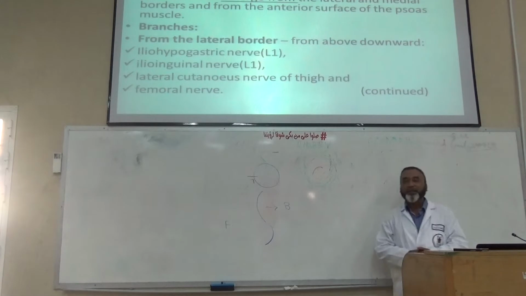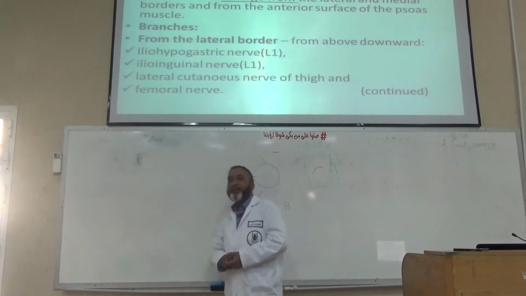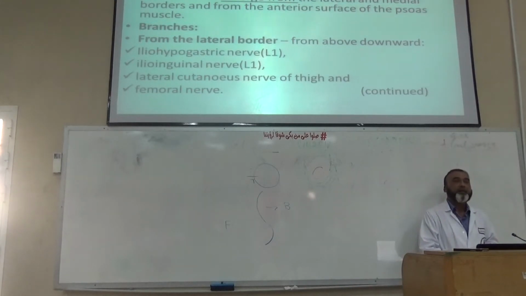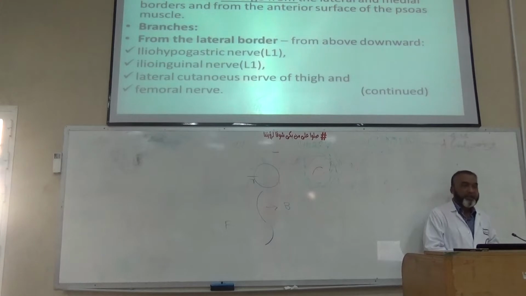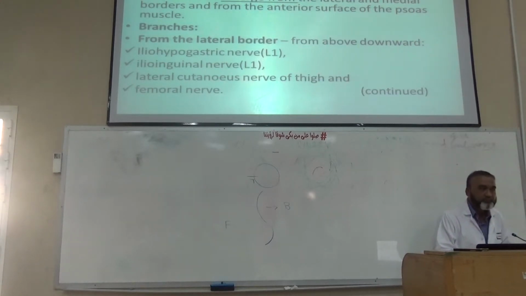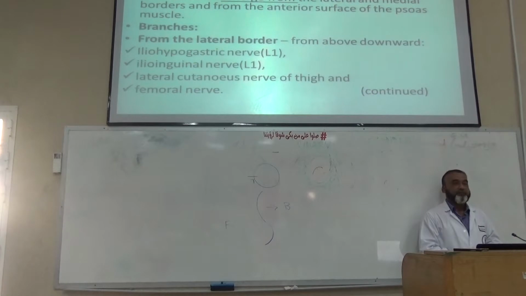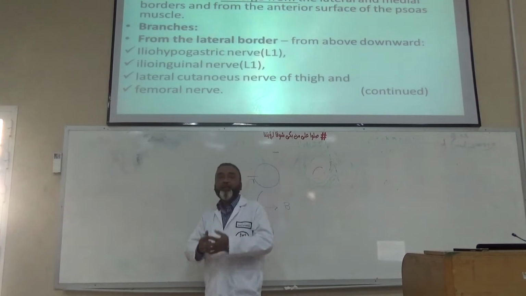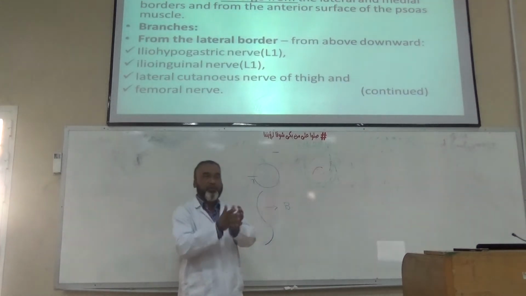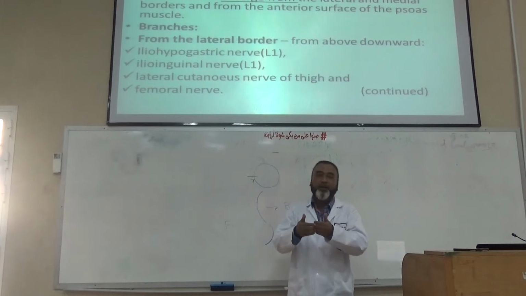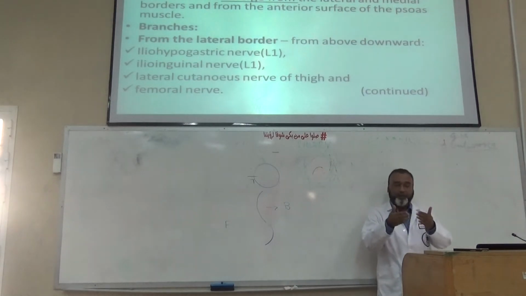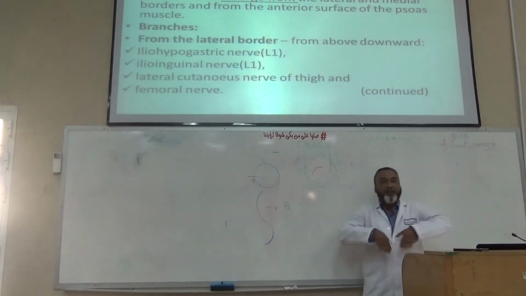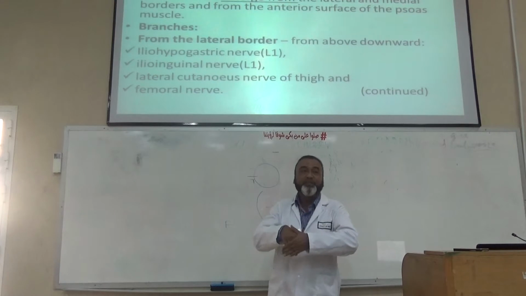Then we come to the lumbar plexus. The lumbar plexus is formed by the anterior rami of the lumbar nerves, and when they come out from the intervertebral foramina, anteriorly they are embedded, because on each side of the vertebral column we have a muscle named the psoas major.